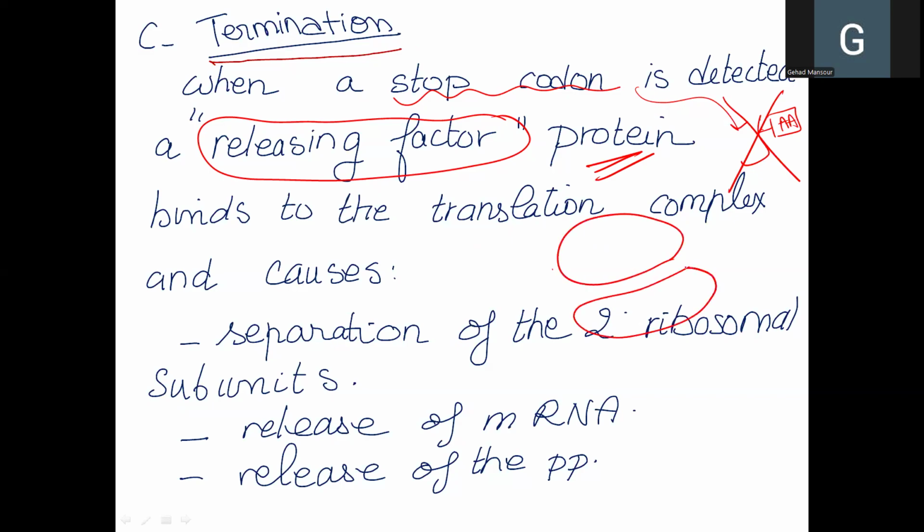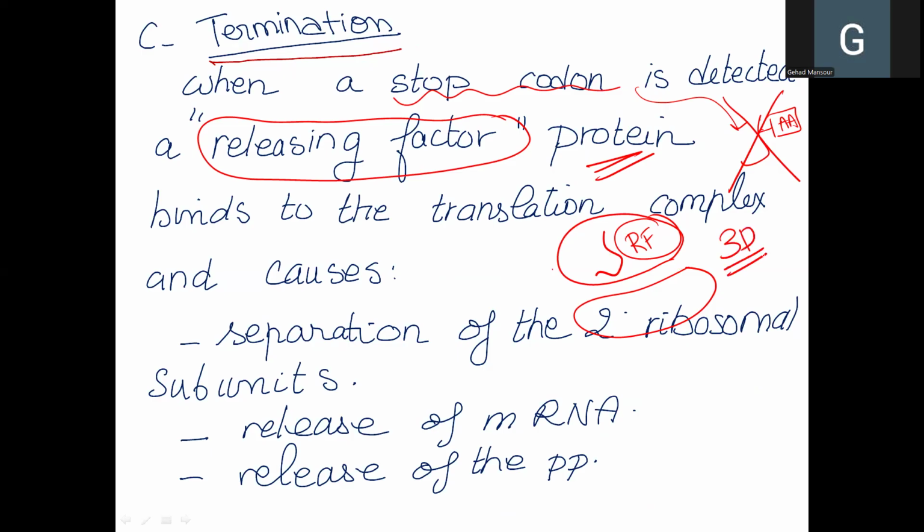What's interesting is that this releasing factor has a structure that is similar, although it's not an RNA, although it's not a ribosomal RNA, yet it has a similar 3D structure.